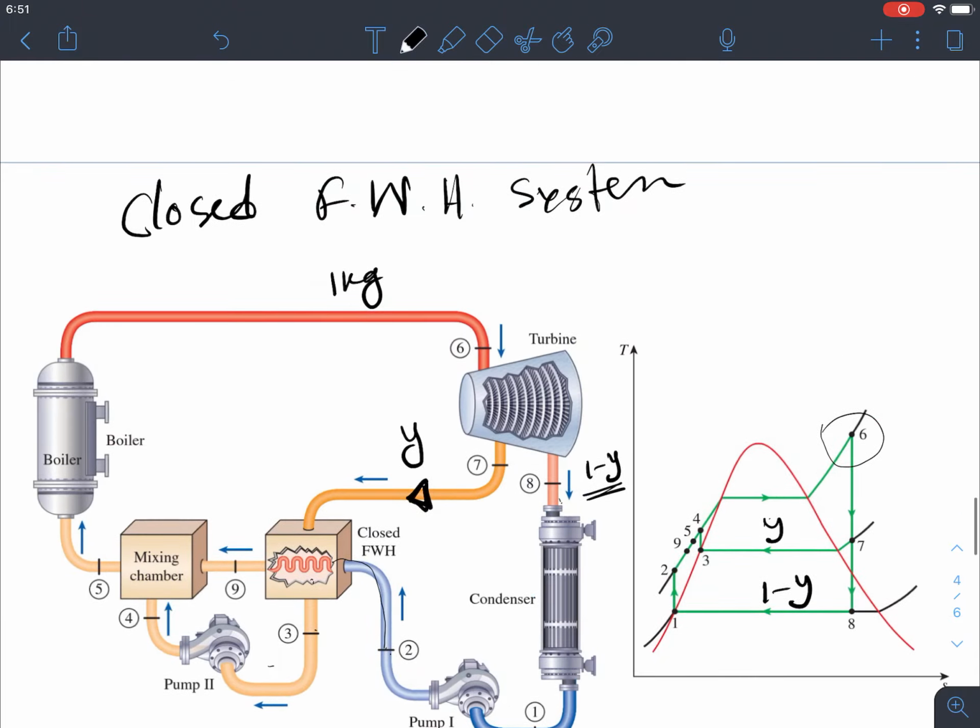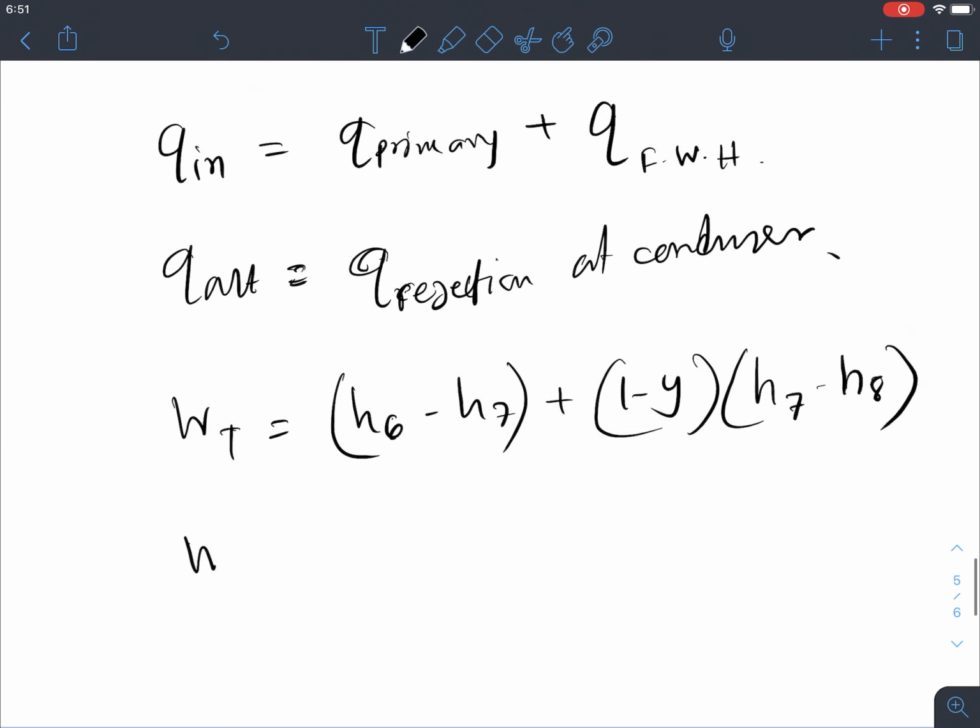Right, and then again we have two pumps, so it will be pump 1 plus pump 2.